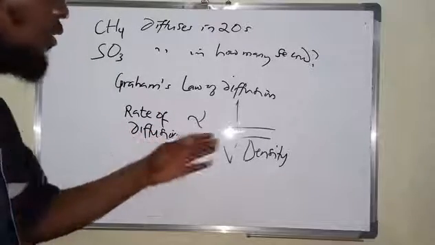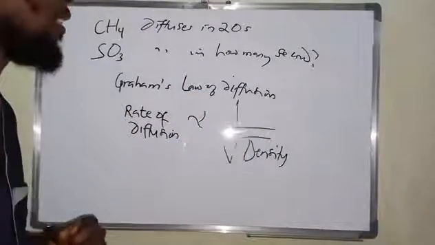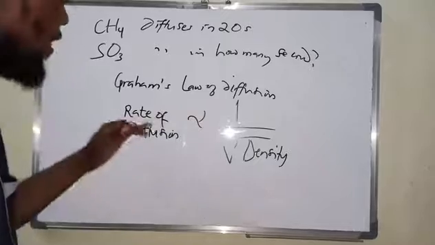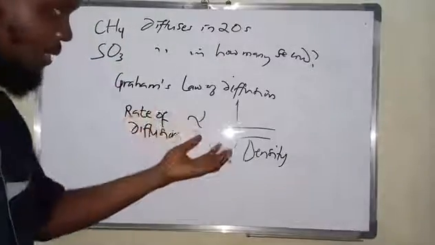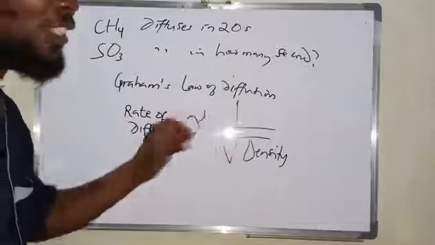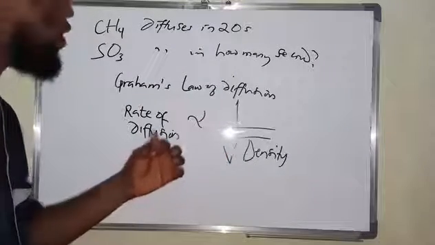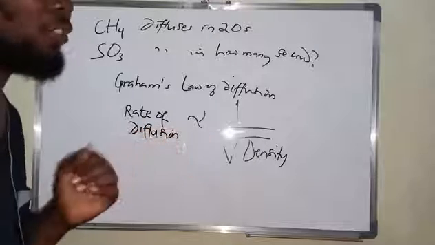It depends on many factors, many properties of the gas, and one of those properties is the density. So saying the rate of diffusion is inversely proportional to density means the higher the density of a gas, the lower the rate of diffusion.